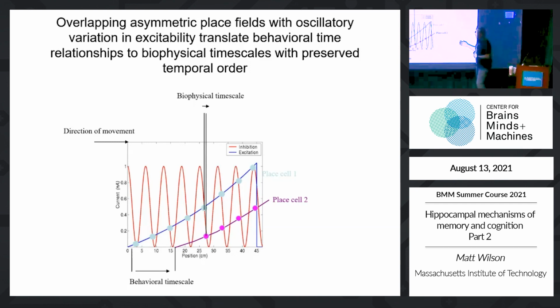And so you can ask, if you have the spatially asymmetric input along with time-varying inhibition, when are spikes going to be emitted? And what you see is that with this model, the first spikes, with weak input, will occur at late phase. You have to wait until inhibition drops all the way down to here before you emit a spike.